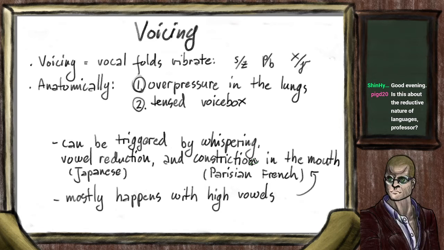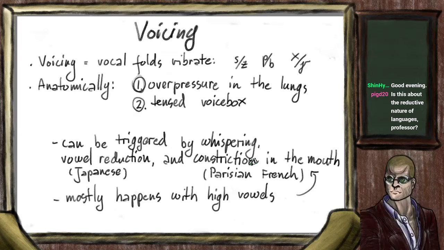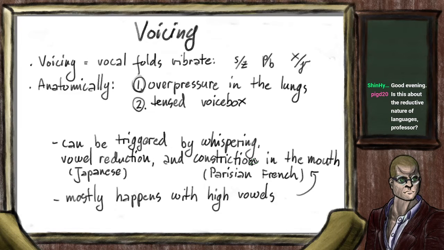Well, that's because the tongue is high in the mouth. So you have less free space in the mouth, so you end up with a higher pressure in the mouth. So the pressure differential between the lungs and the mouth is much weaker than it would be for a low vowel.